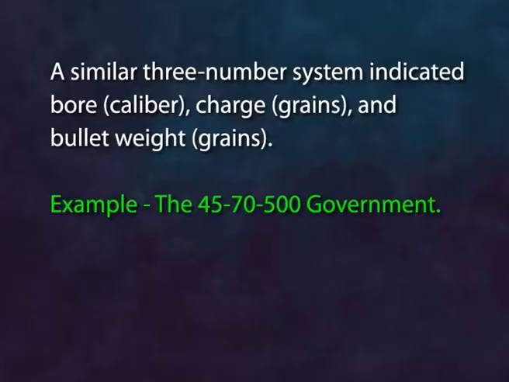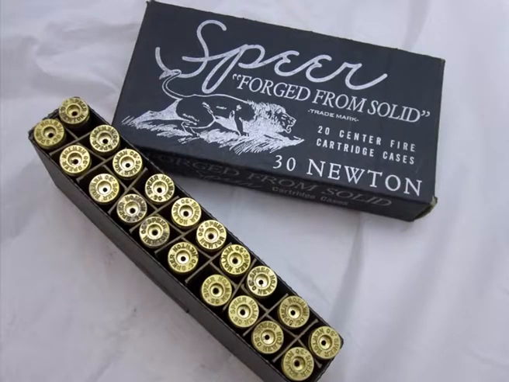Other times, a similar 3-number system indicated bore or caliber, charge in grains, and bullet weight in grains. The .45-70-500 Government is an example. Sometimes, the name also denotes the name of a company or a person, for example .30 Newton.